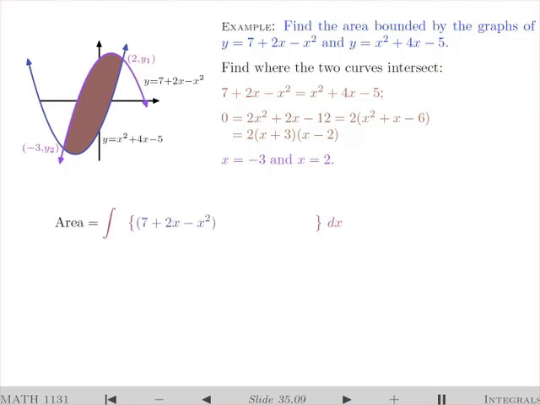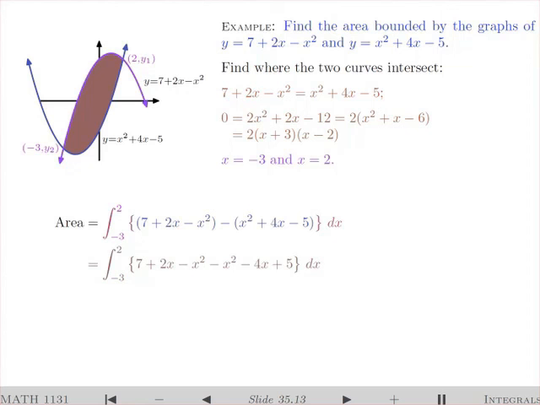The area is the integral of the top, 7 plus 2x minus x squared, minus the bottom curve, which is x squared plus 4x minus 5, with x running from x coordinate of the leftmost point, that's negative 3, to the x coordinate of the rightmost point, which is 2. Again, I just have a polynomial, so from this point on, the calculation is easy.